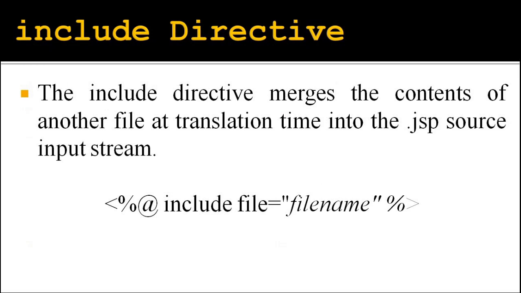Coming to the second directive, the include directive, which merges the contents of one file into another file at the translation time of JSP pages. This is similar to the #include C preprocessor directive.